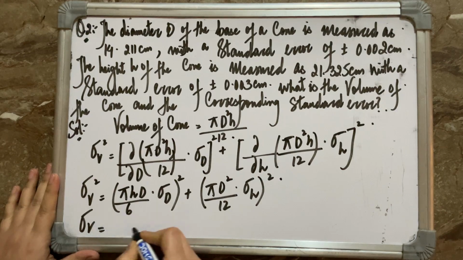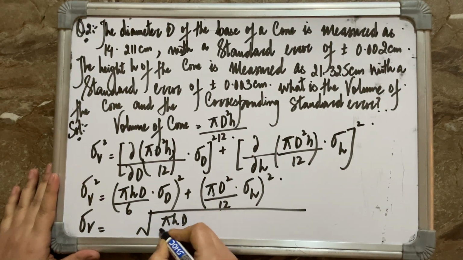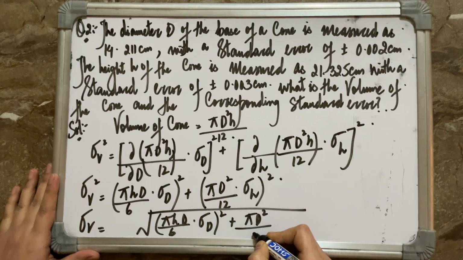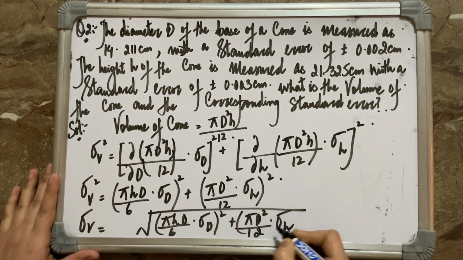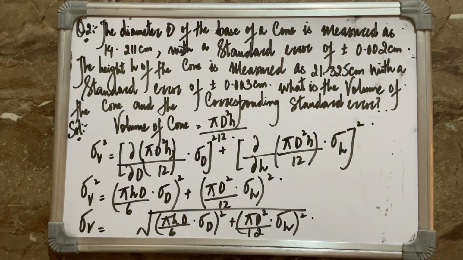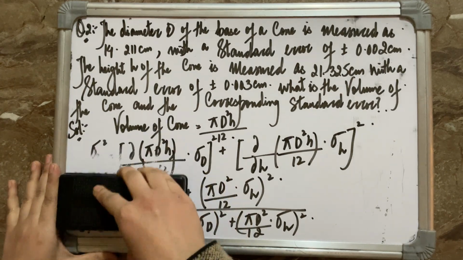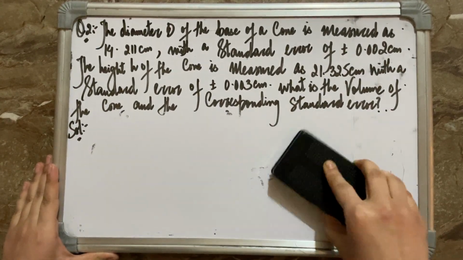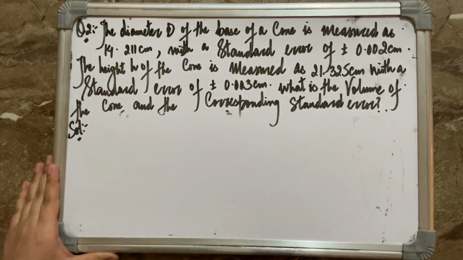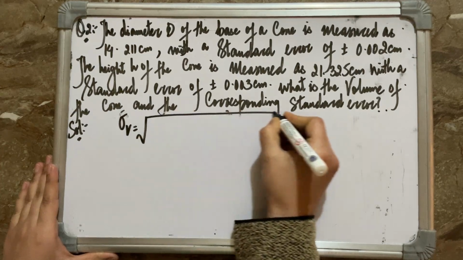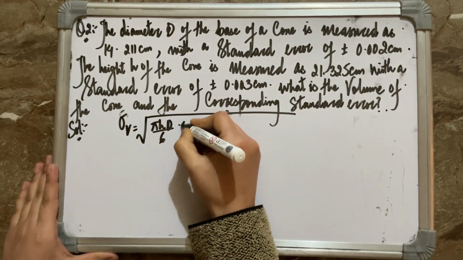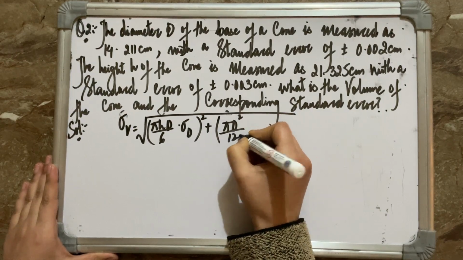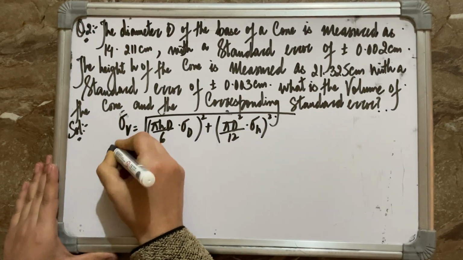Or I may write it down that sigma v is under root of pi h d by 6 multiplied by standard error in diameter, squared, plus pi d square by 12 into standard error in height, squared.